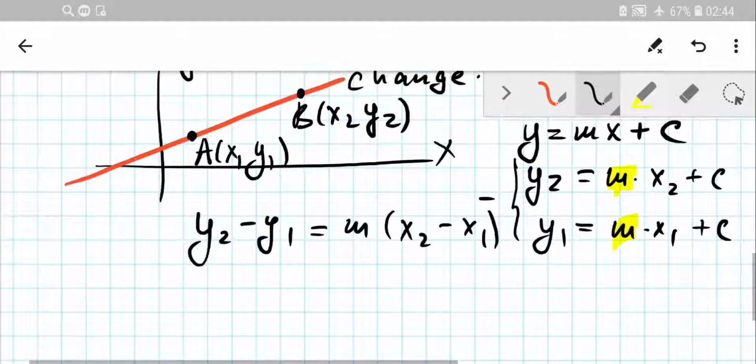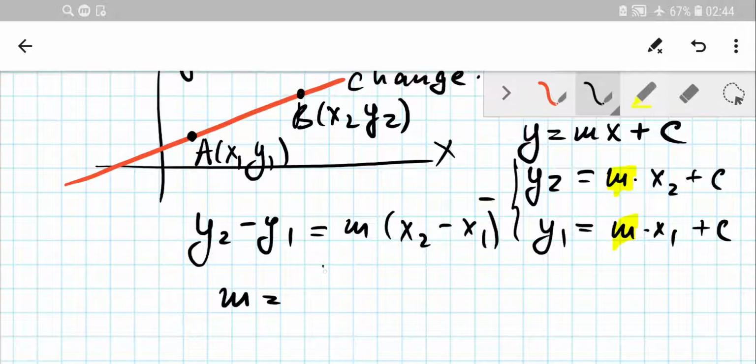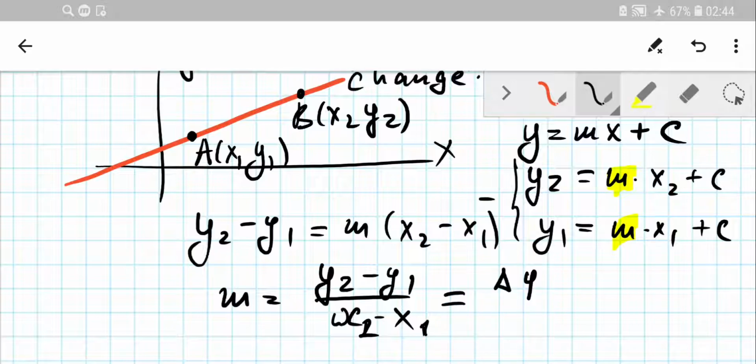From here, we can determine m as, again, change in coordinates for y over change in coordinates for x, right? So that's why it's this, as we obtained.